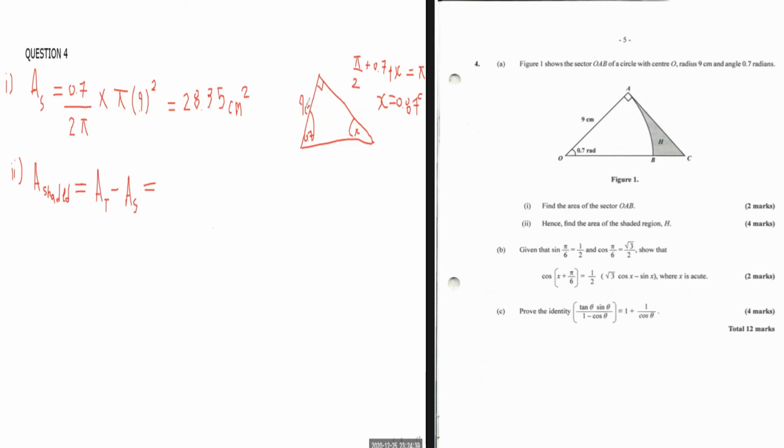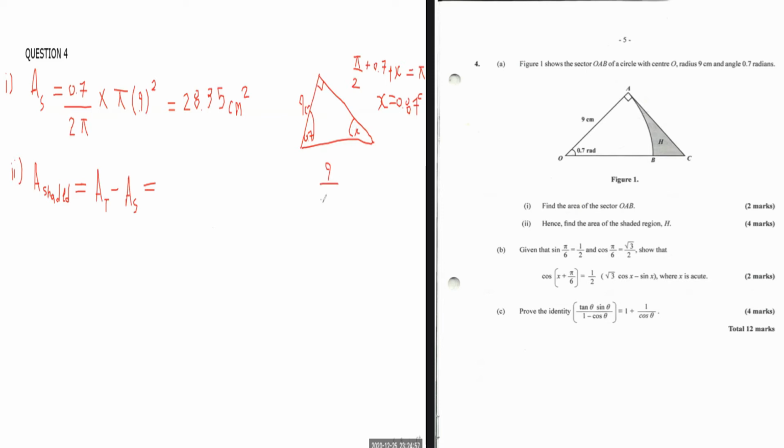Now look how we're going to find the height. This side corresponds to this, which is the height. So what does that mean? We're going to use sine rule. We need to know the height so we can find the area.